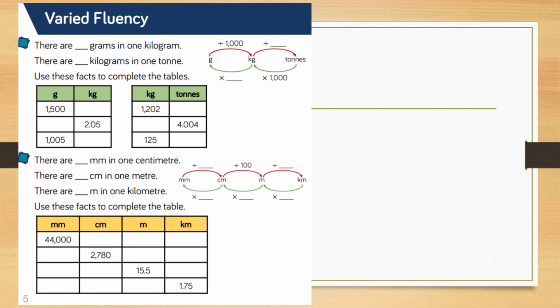Okay, there are 100 centimetres in a metre, and there are 1,000 metres in a kilometre. Think about that kilo we said, meaning 1,000. So you would divide by 1,000 to get from metres to kilometres, and times by 1,000 to get from kilometres to metres. Okay, look at that flow chart. And then use those facts to complete the end table and show me in your assignments.